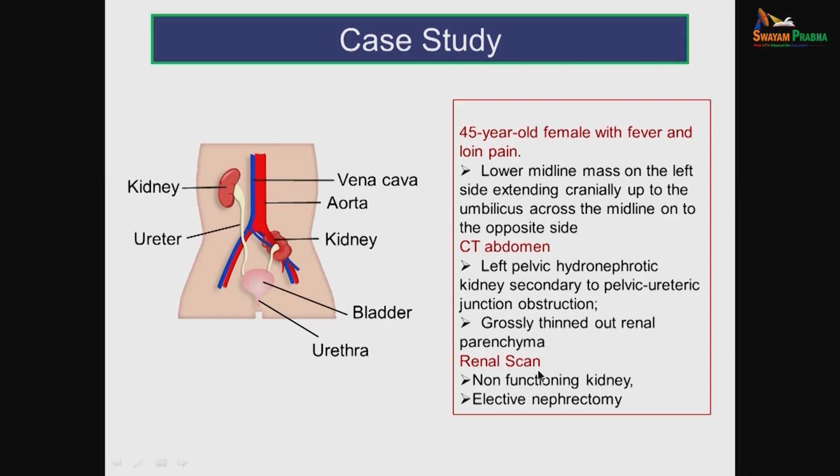A renal scan was done for this patient which showed that the kidney was non-functioning. Hence, an elective nephrectomy was done for this patient. We will correlate this clinical case study at the end of this lecture with the development of the urinary system.